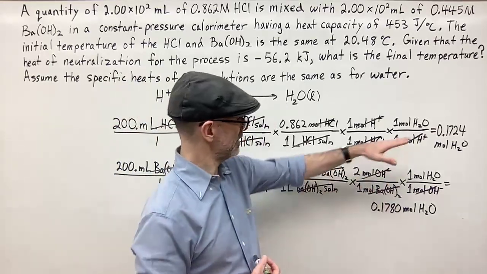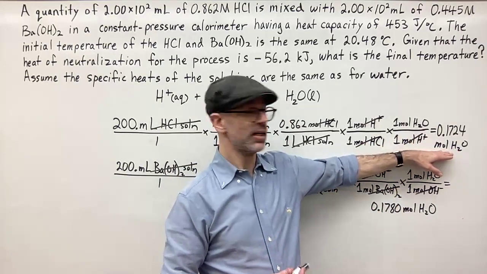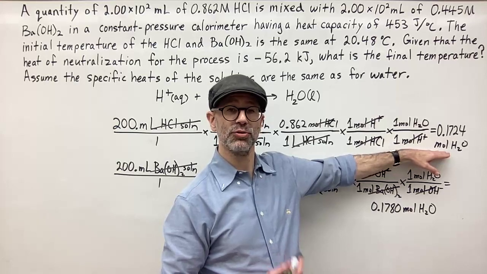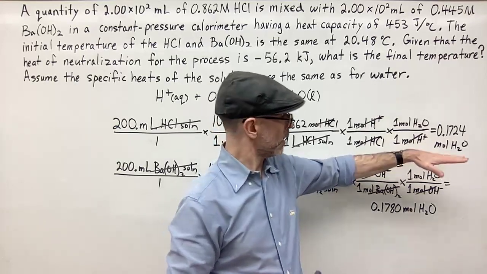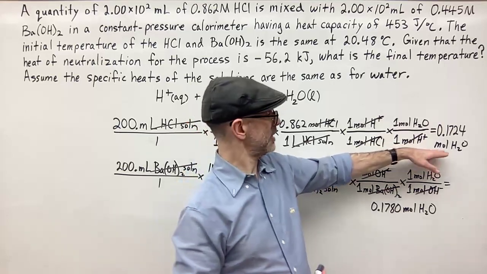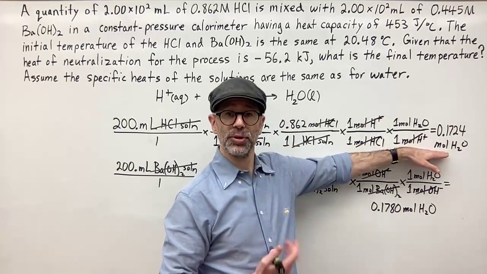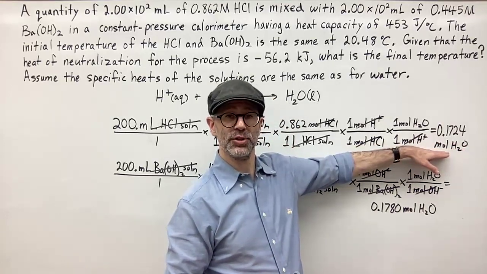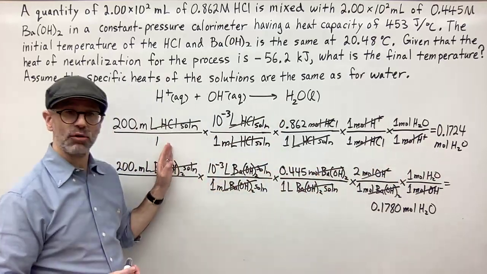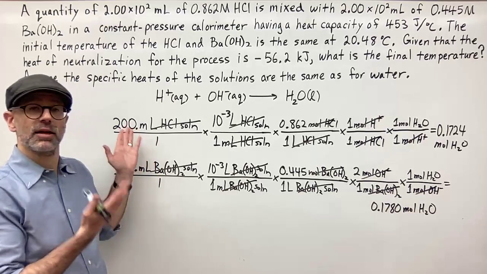So because the hydrochloric acid gives me a maximum of 0.1724, less than this one, this is the max that I can make. What this is telling you is that once I produce 0.1724 moles of my water, I have run out of the HCl. Once you run out of one of your reactants, you're done.